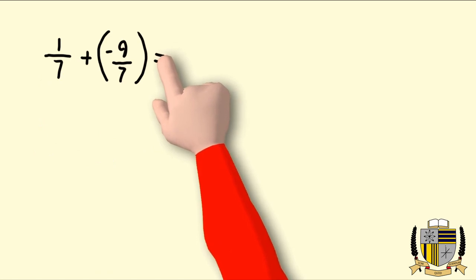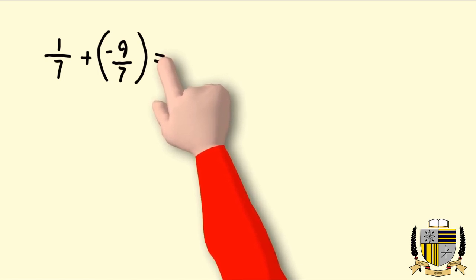Okay, we're looking at this fraction. We have a common denominator, right? So that means we can start adding because we have a common denominator. Now, since we're adding, we are going to look into the rules of adding signed numbers.